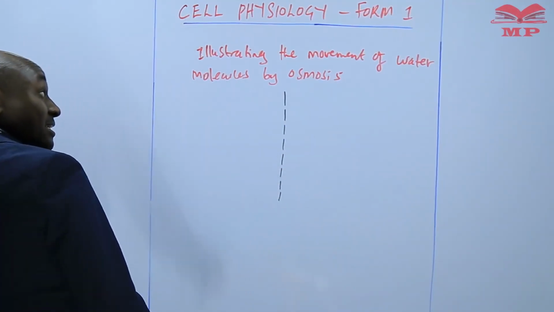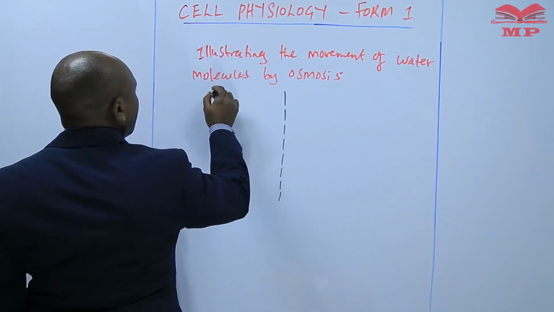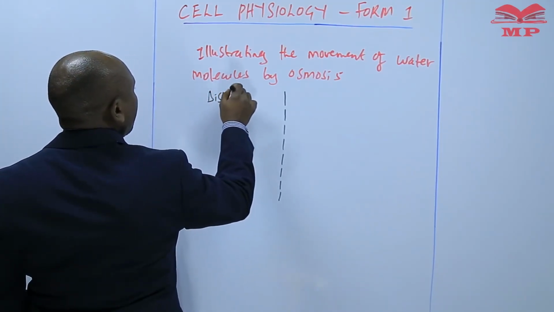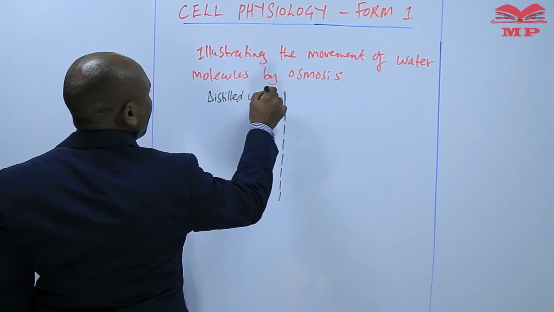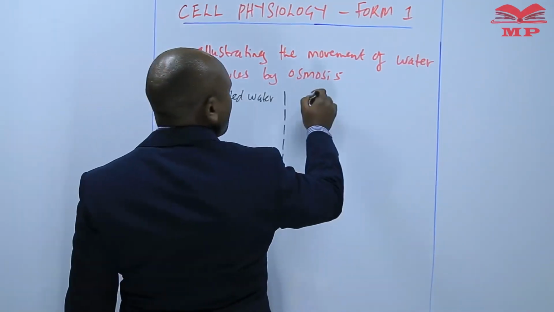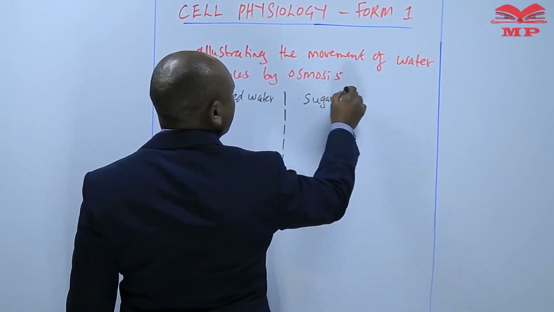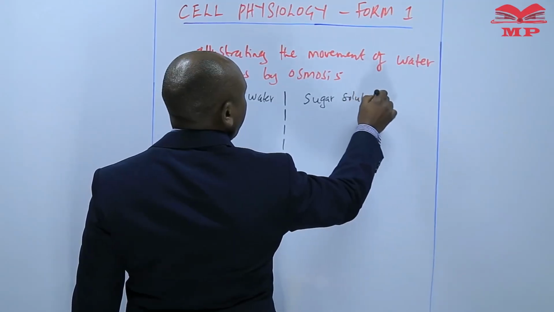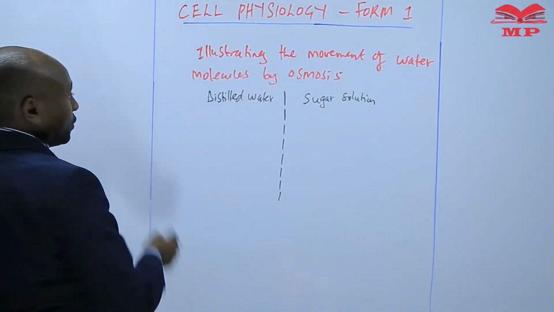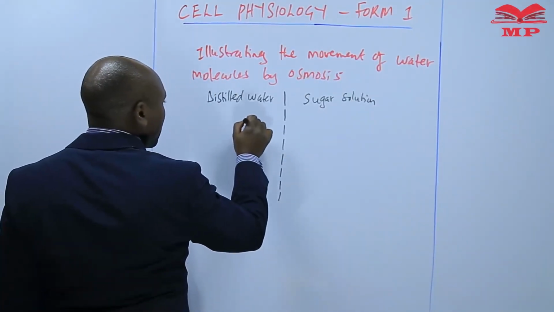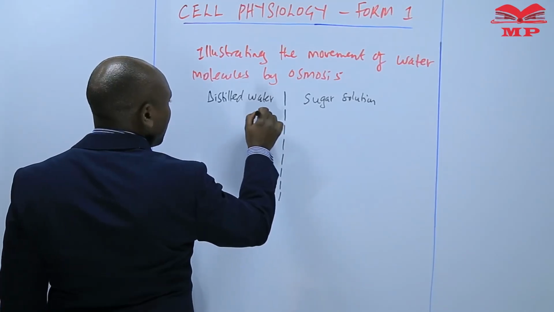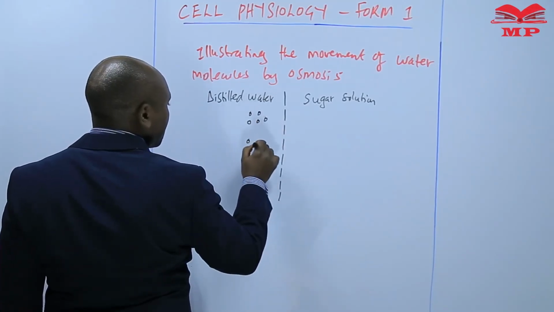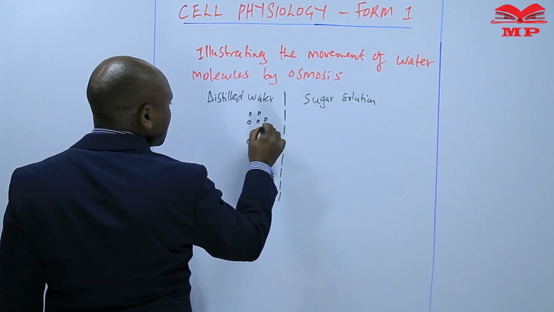And on one side, we shall have distilled water, and the other side we shall have a sugar solution. So the distilled water has only one type of molecules, that is the water molecules.